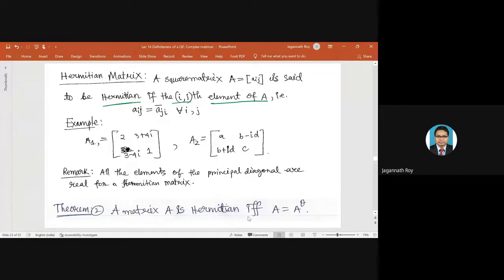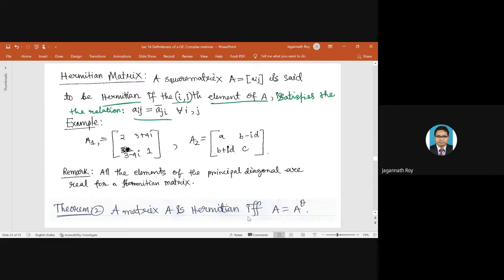Let me rephrase this: the Hermitian matrix satisfies this.